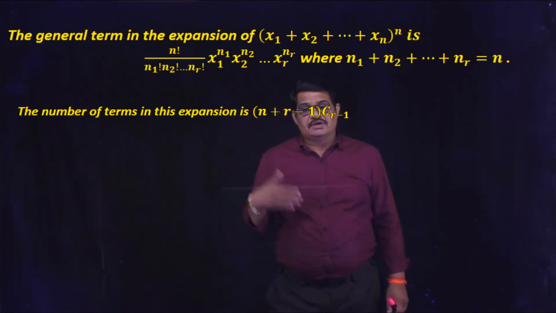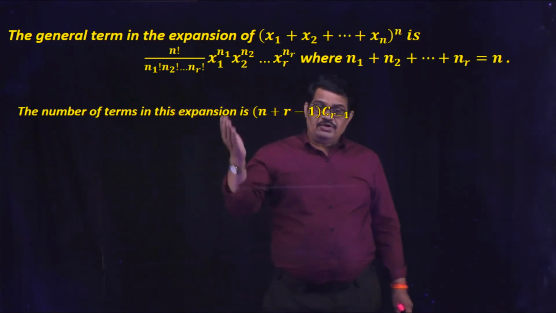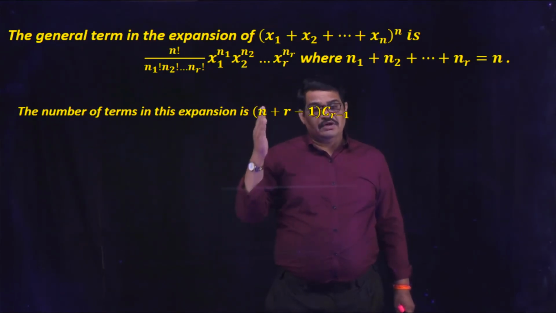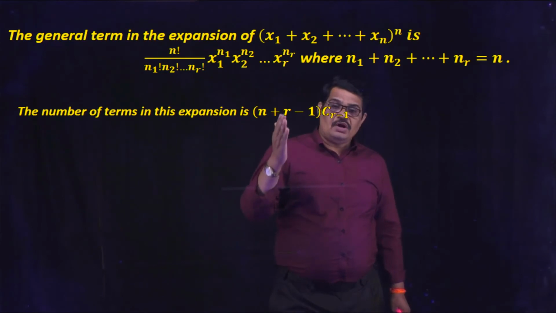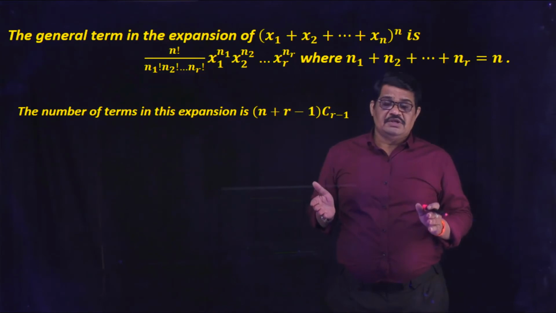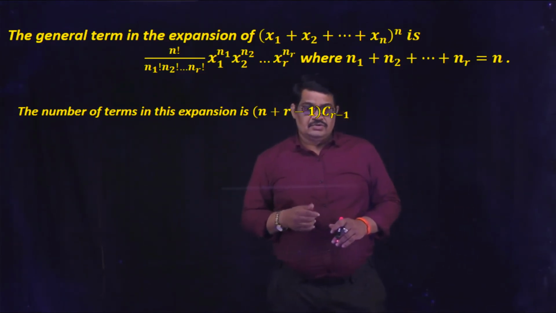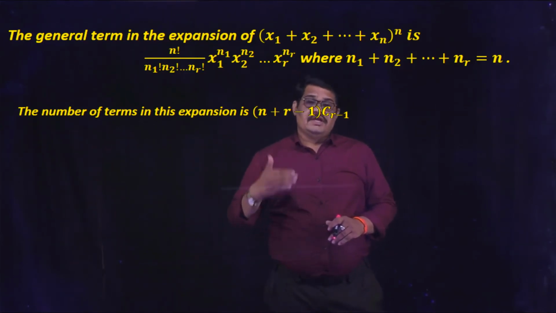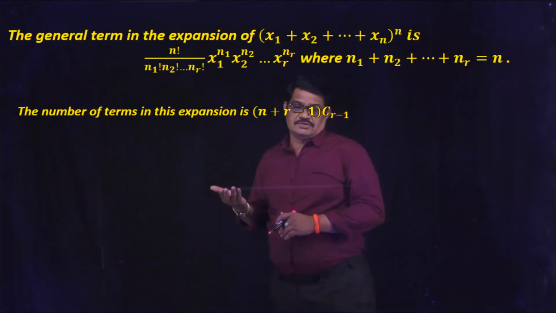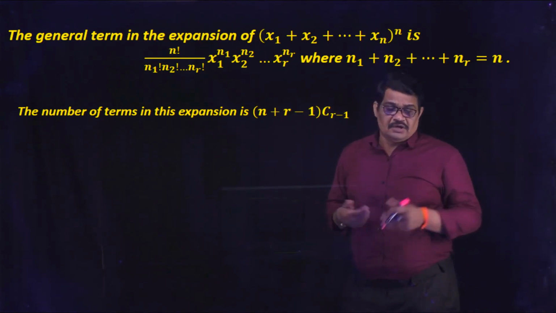In that expansion the general term is n factorial by n1 factorial, n2 factorial and so on nr factorial into x1^n1, x2^n2 and so on xr^nr, where n1 + n2 + n3 and so on + nr is equal to the index n. Okay, this is the general term in the expansion of n terms. We have taken r terms x1, x2, x3 and so on xr.